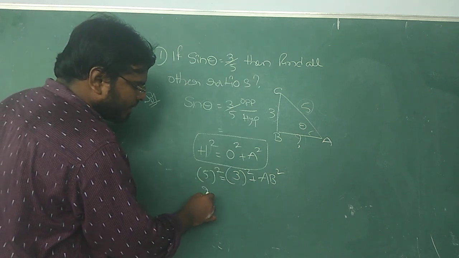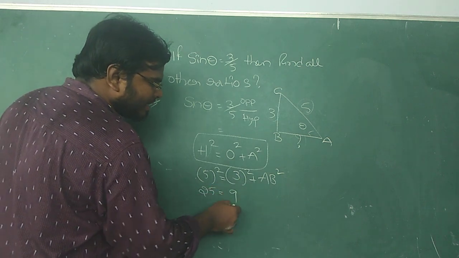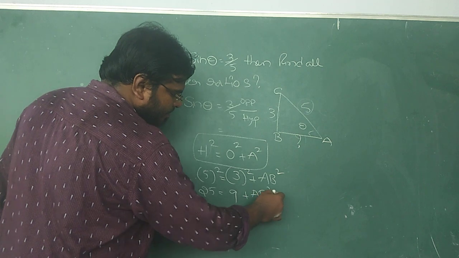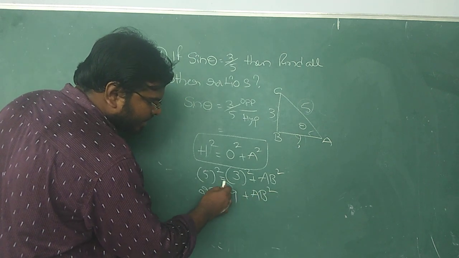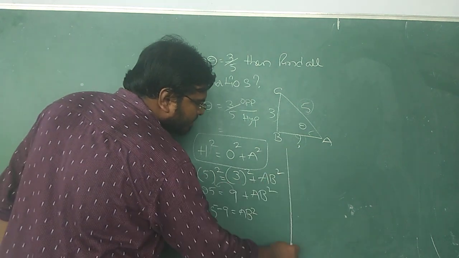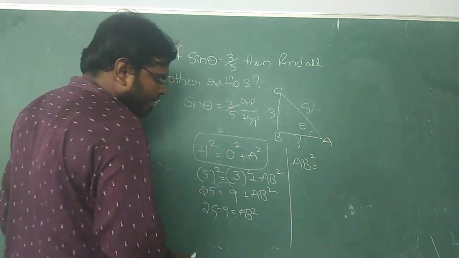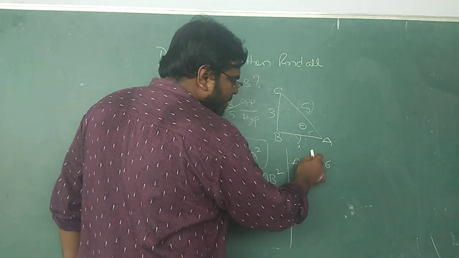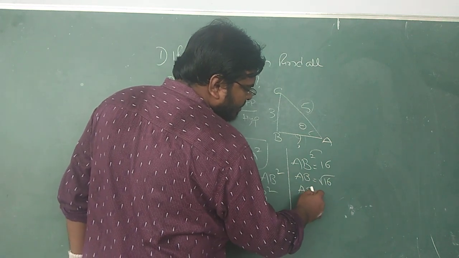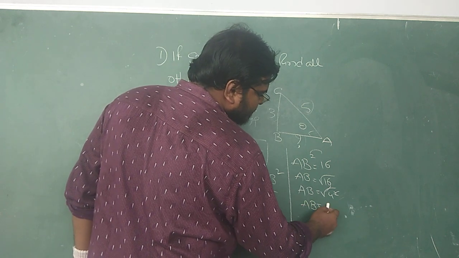Now 5 5 is 25, 5 square means 5 comes 2 times. 3 3 is 9, plus AB square. 25 is equal to 9 plus AB square. Send the plus 9 to this side, it becomes minus 9. AB square is equal to 25 minus 9, which is 16. Now send the square to that side, it becomes root. Then AB is equal to 4 square root, square root gets cancelled, so AB is equal to 4.